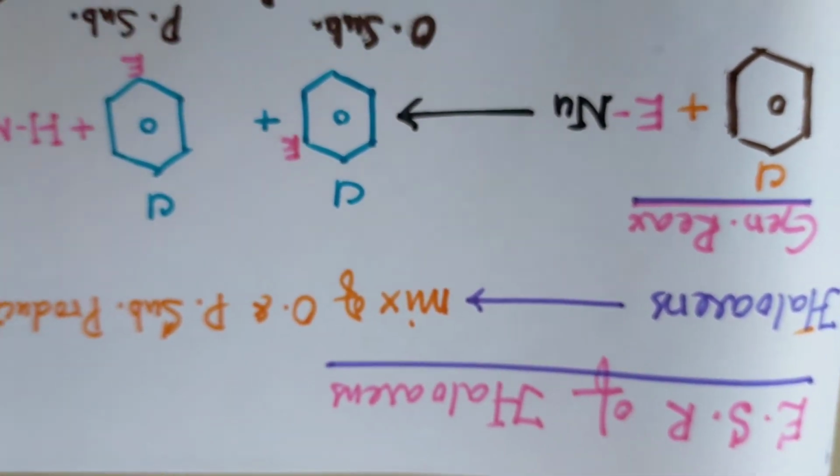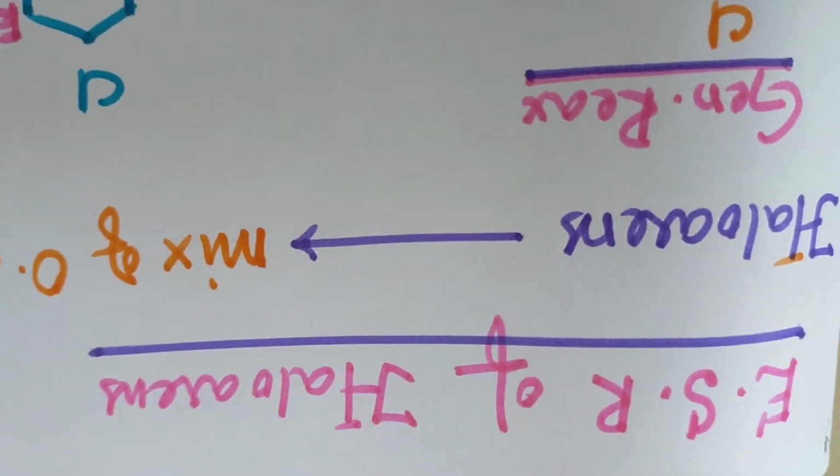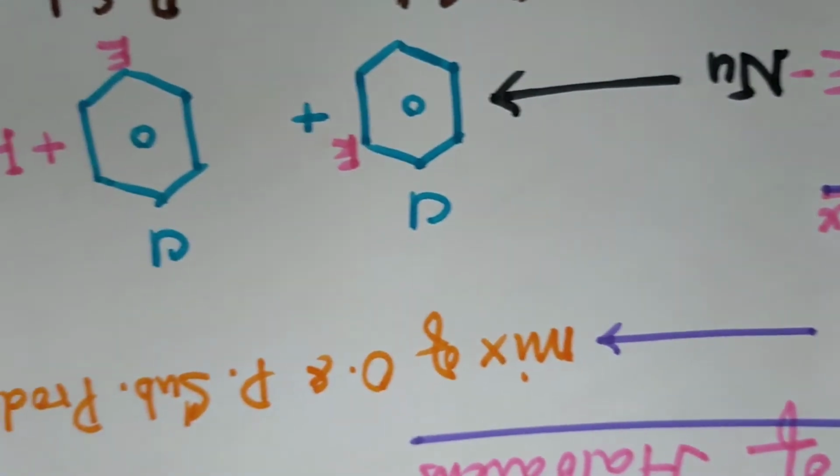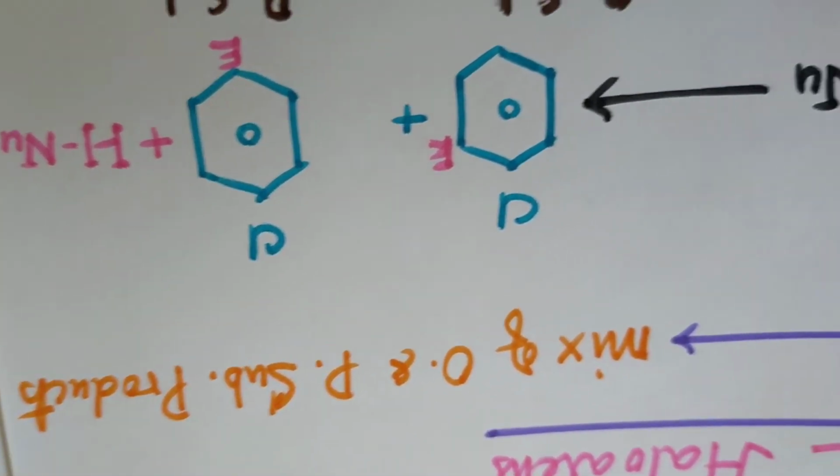Haloarenes undergo electrophilic substitution reactions. They form a mix of ortho and para substituted products.